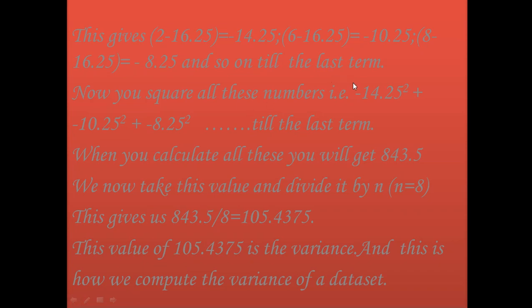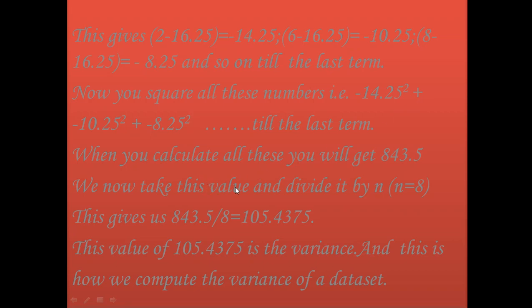So when you subtract the mean value, then square, and then sum all the numbers, you will get 843.5. This is the result, a mid result you can say. 843.5 is the value when you square all the elements and add them.